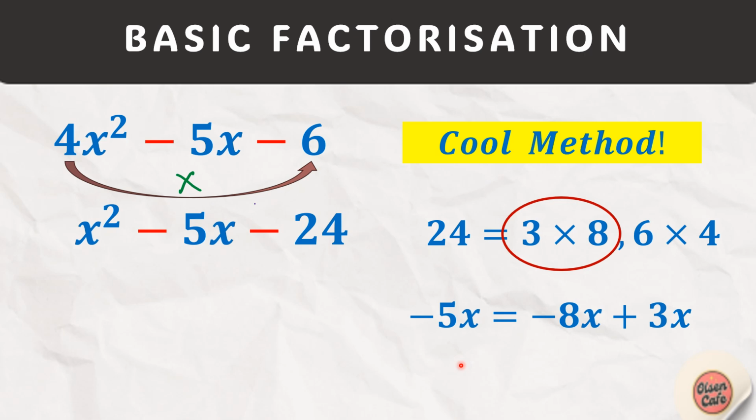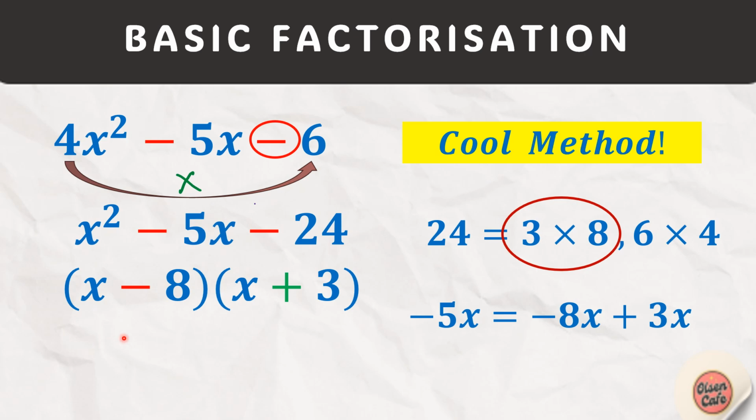So I will be able to get the two factors pretty easily. Again, I am going to use the sign to help me check the answer. Since the sign for the constant term is negative, I know that the signs for the two factors have to be different. And because the sign here is minus, using Olsen Big Brother law, the negative sign follows the big number, which is 8. So putting all these together, I will have the two factors x minus 8 and x plus 3.